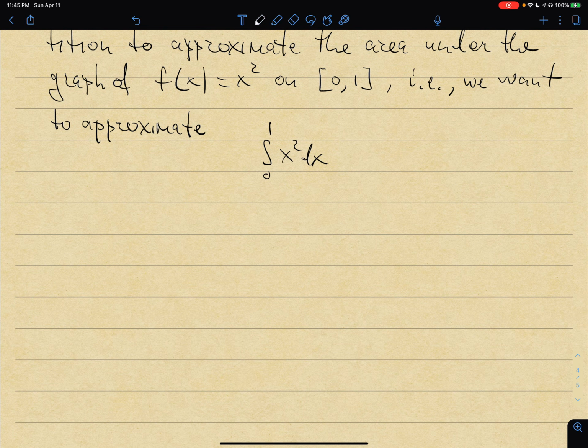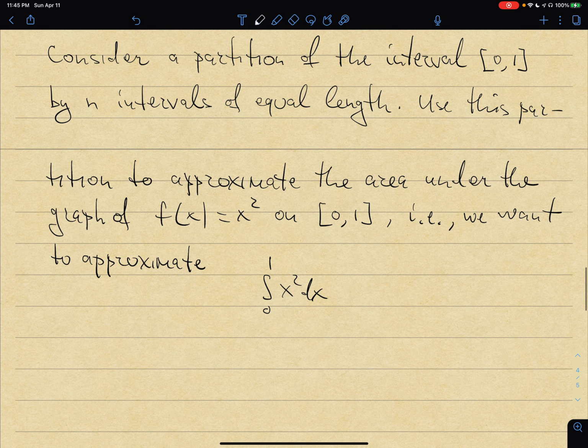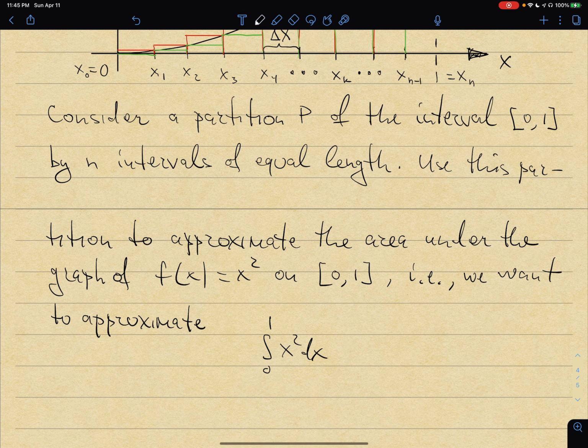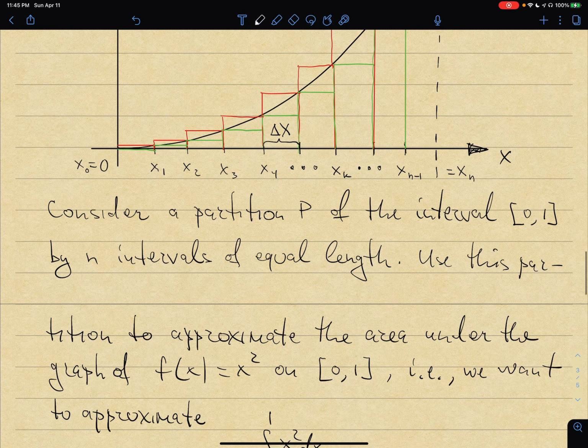All right, so first of all, let's make a small change here. Let's call this partition P. So what do we know about P? P is going to consist of, a partition is just partition points.